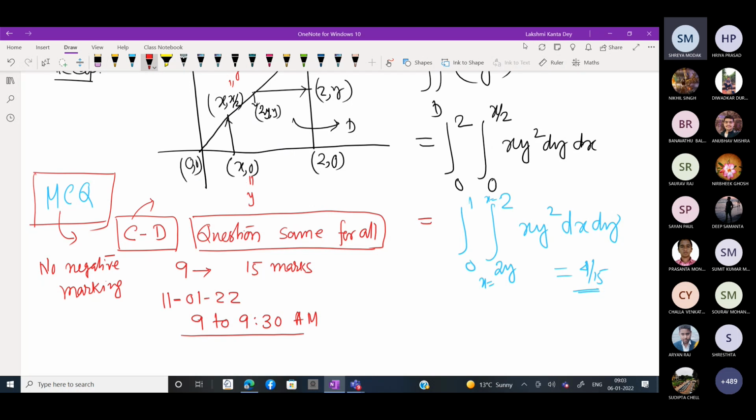I can tell only about the exam for mathematics, and it is conducted during the class time of Mathematics 1. So there will be no class, right? Because the schedule is given from 9 to 9:30. It is inside the first class of Mathematics 1, so there will be no problem of class.